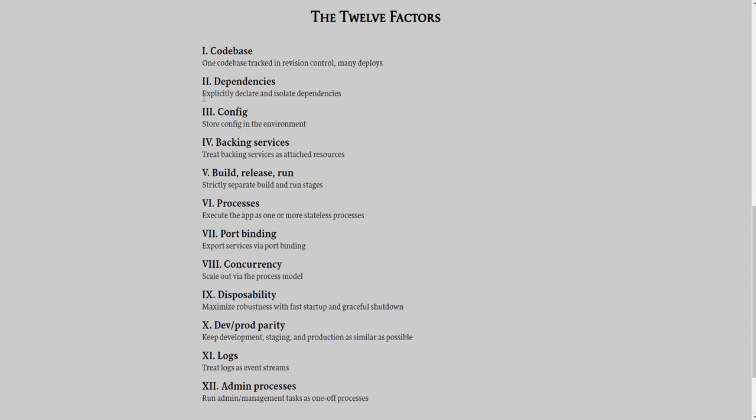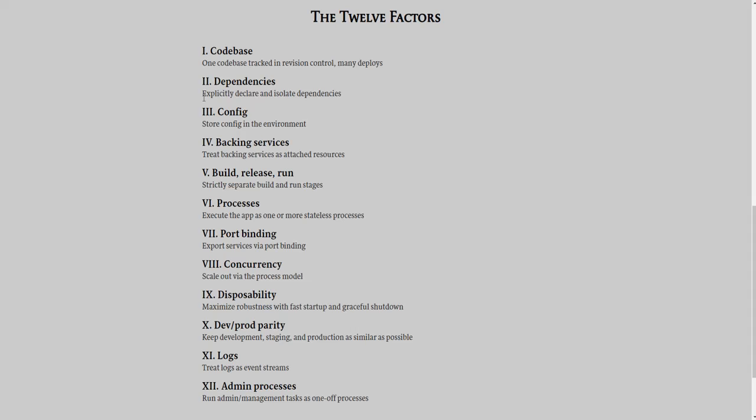And the fourth point comes as backing services. Backing services are nothing but the database details. Databases are backing services treated as attached resources. Every application will have a database in it.